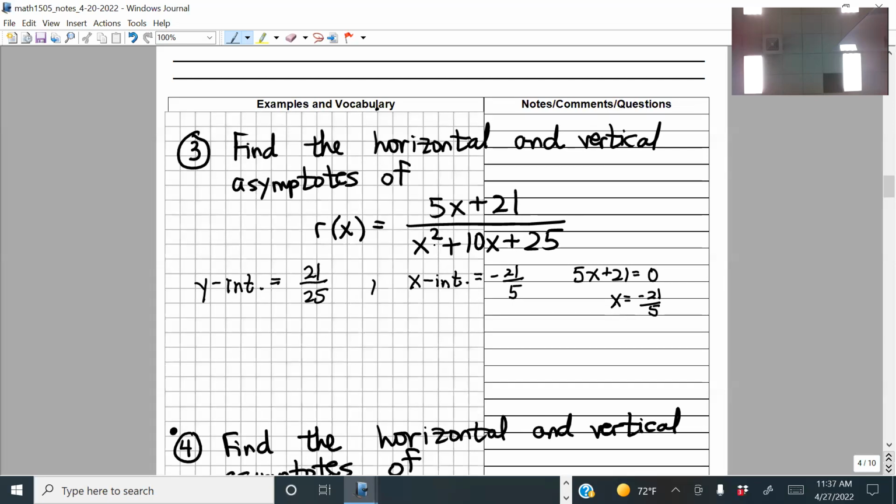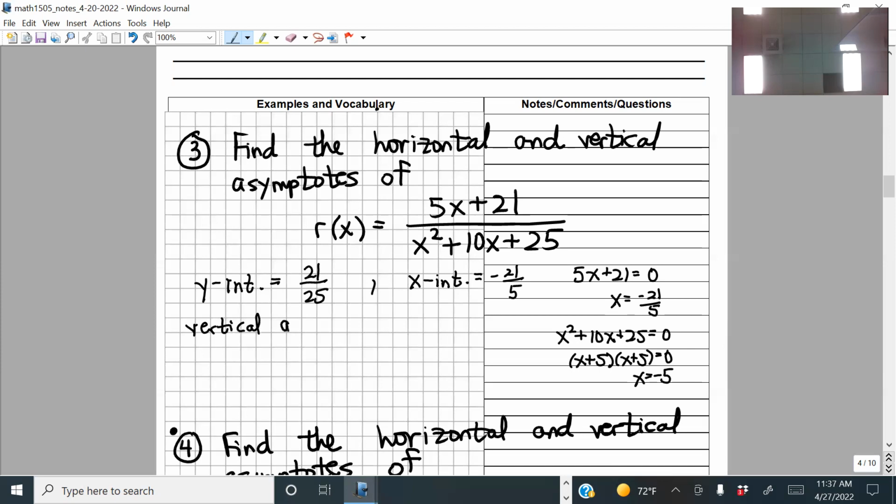Remember, that's where you're going to be dividing by 0. So you set the denominator to 0. And that's not so hard to find the solutions to this equation because you can factor, right? So that's just x plus 5 times x plus 5, right? So there's only one solution, x equals -5. So we do have a vertical asymptote at x equals -5.